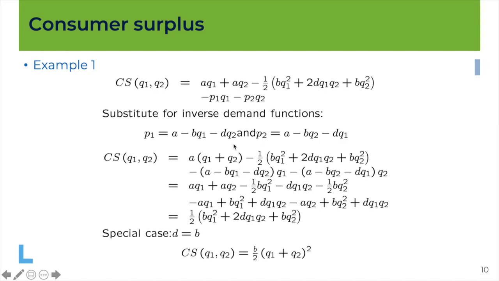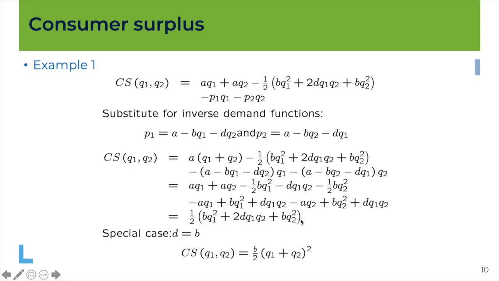So what we do next is just replacing P1 by this value here, replacing P2 by this value here, and simplifying. If you do this, the consumer surplus for this representative consumer, when she consumes a quantity Q1 of good 1 and a quantity Q2 of good 2, boils down to this expression here, 1/2 of this bracket.